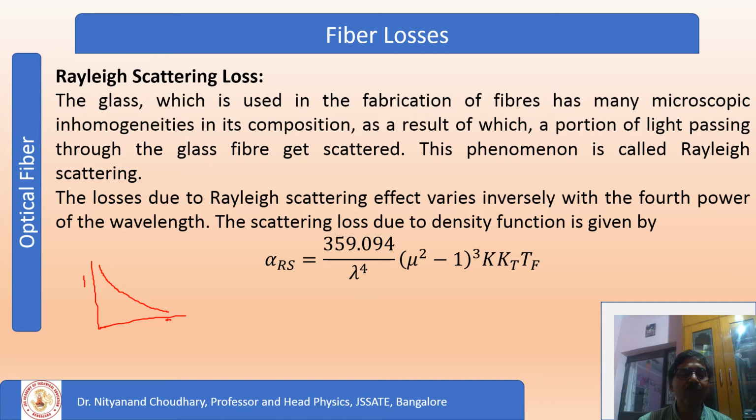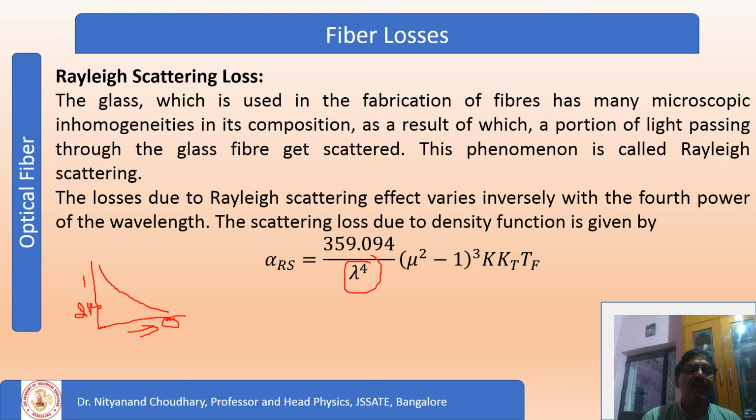This is your minimum wavelength and this is your maximum wavelength, so it depends upon the wavelength. This is your wavelength, and this is your absorption in decibel per kilometer, dB per kilometer. What we find is that absorption is inversely proportional to the fourth power of the wavelength.